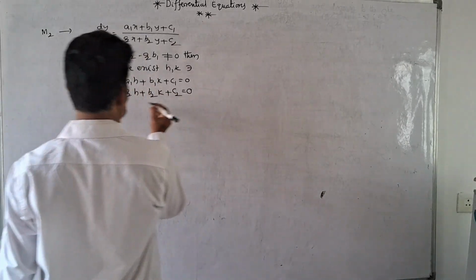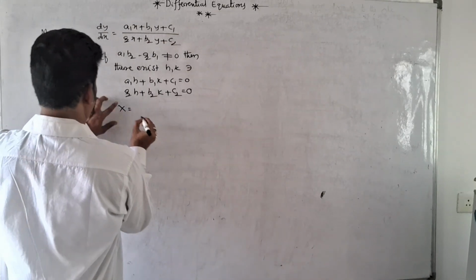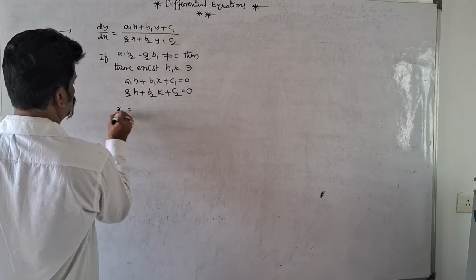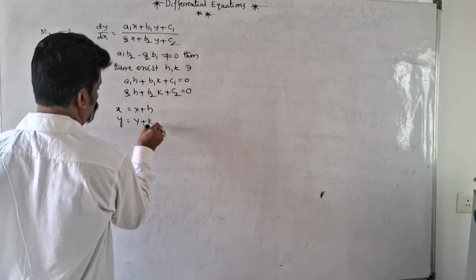Okay, right? Where we have small x is equal to x plus h, small y is equal to y plus k.